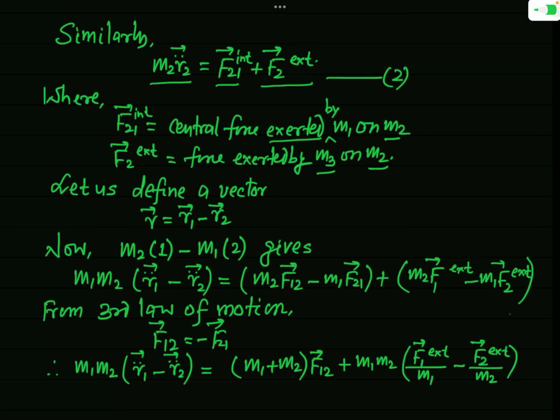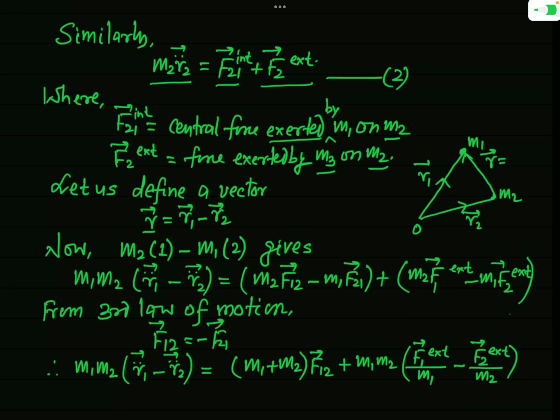Now, let us define a vector R equal to R1 minus R2. In fact, you can see if we treat this M1 as a point mass and this M2 also as a point mass, and relative to the origin of our coordinate system, R1 and R2 are the position vectors of these two point masses, then if you write the position vector of M1 with respect to M2, what will that be?